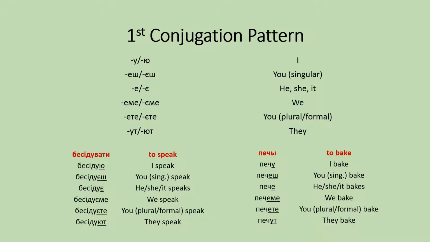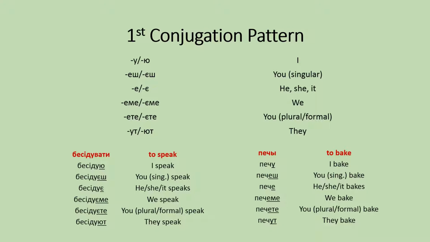When the conjugated verb ends in eme or yeme, it refers to we. When the conjugated verb ends in ete or yete, it refers to you plural or you formal. When the conjugated verb ends in ut or yut, it refers to they.